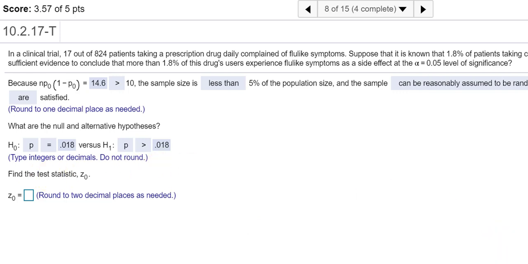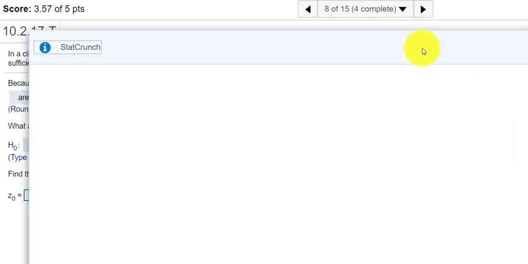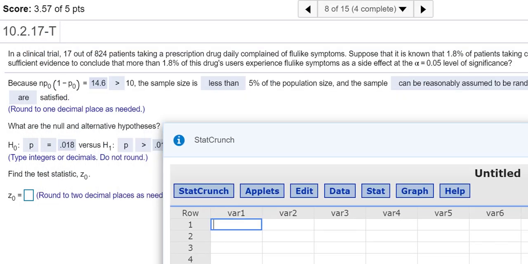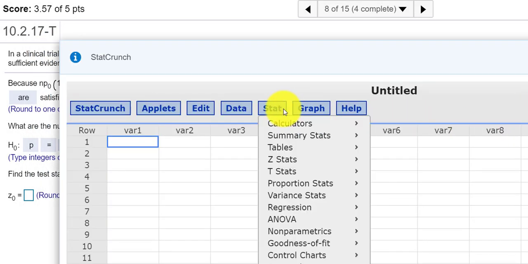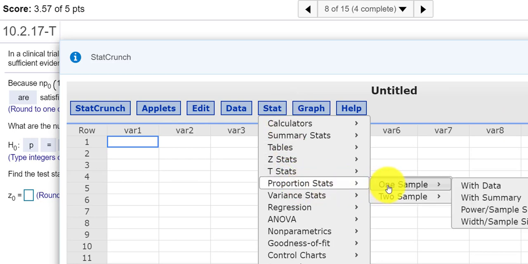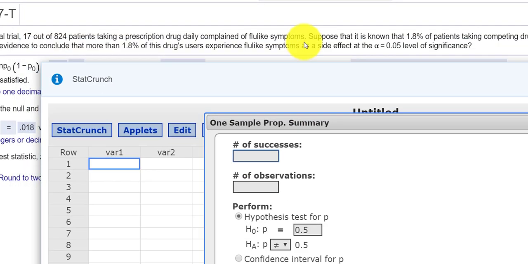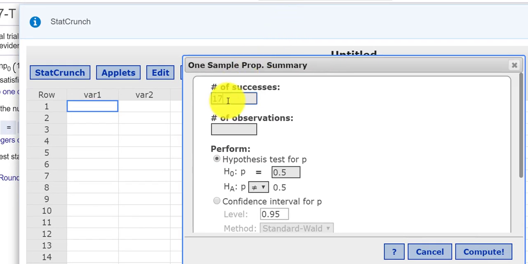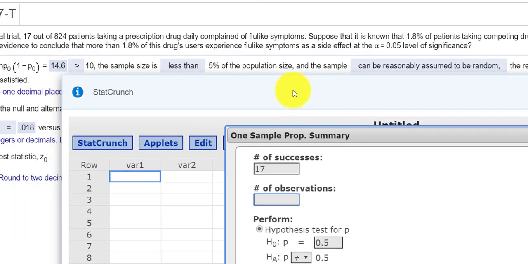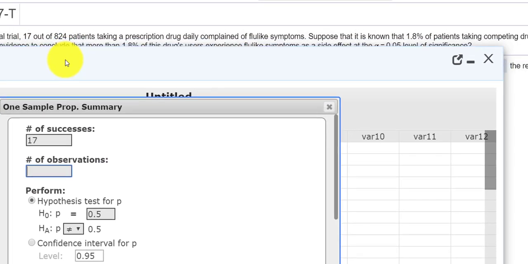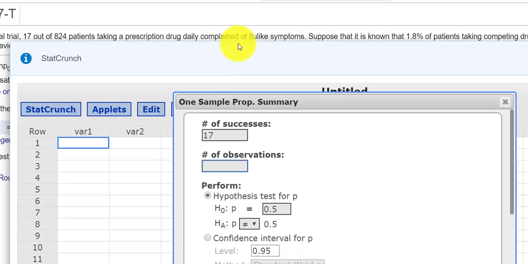Okay, I think I want to use StatCrunch to help me out here. So I press StatCrunch, and I'm going to press Stat, Proportion Stats, One Sample, With Summary. The number of successes was 17 out of 824, you can see over here.